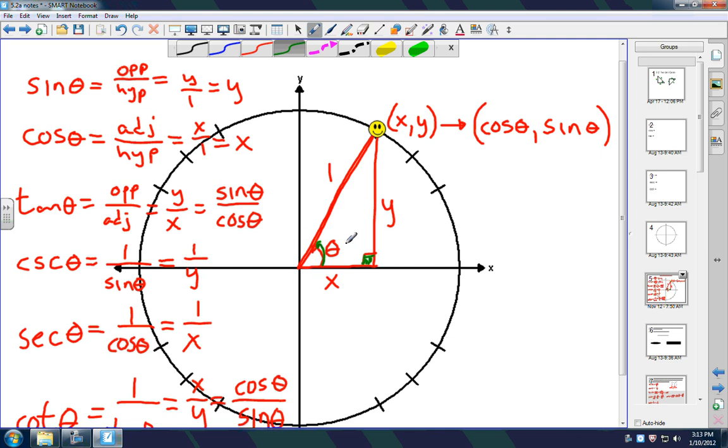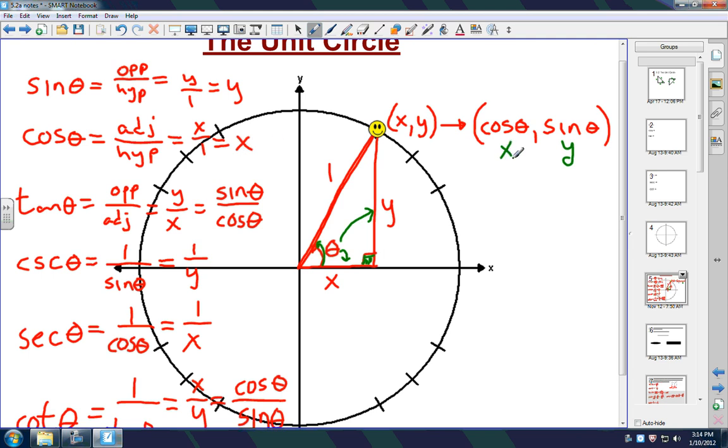So for this triangle, if I want to do a sine, sine is opposite over hypotenuse, so y over 1, or just y. So you can think about sines being y values, but be careful because it only works when the radius is 1, and you'll see later. Cosine is adjacent over hypotenuse. Here's your angle, your adjacent, your hypotenuse, x over 1 is just x.